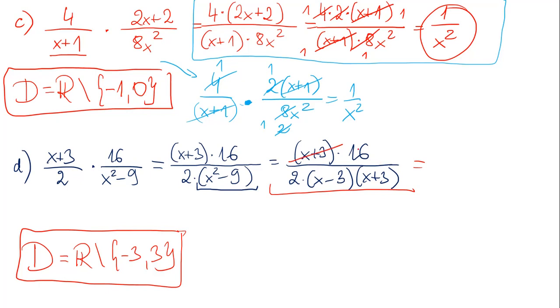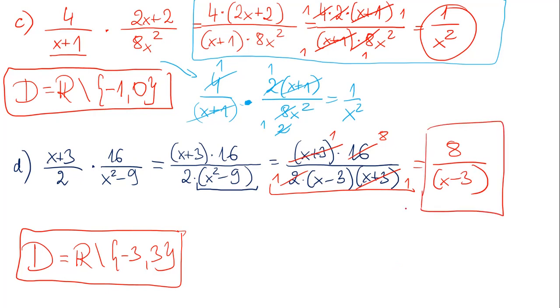So we can cancel down x plus 3, x plus 3. So we can have 1 here. And of course 2 and 16, so we get 8 and 1. And at the end we have 8 over x minus 3. And that's our answer.